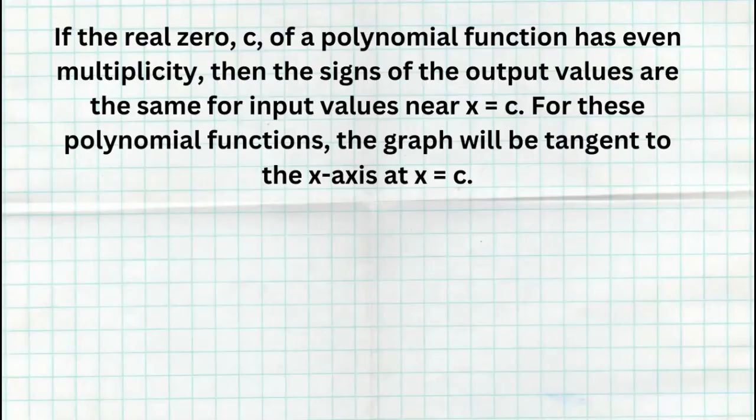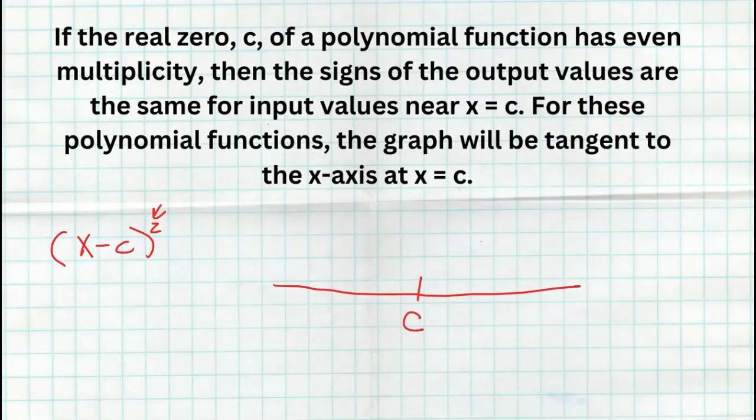Let me explain. If you have a linear factor, x minus c, and the multiplicity up here is even, so we're looking at 2, 4, 6, 8, any of that. What happens is when we look at that specific zero on our x-axis, and that's a terrible x-axis I just made, but if we look at c on that x-axis, because again, c minus c is going to be 0, and that's why we see that there is a 0.